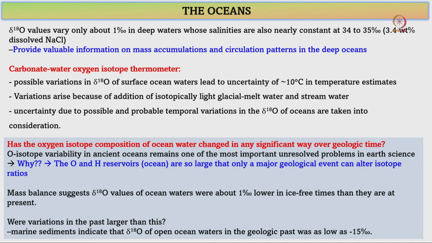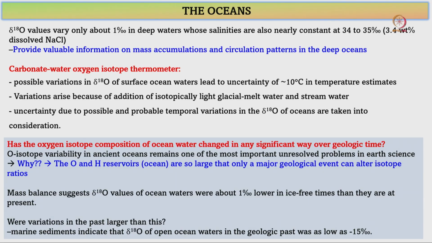So, therefore, we do have data. It is not that we do not have the data, we do have a few data, but it is ongoing research. What theoretical considerations suggest is that if the ocean water had to vary, then it would require a huge geological event, a major event, such an event that would change the isotope composition of the water itself.